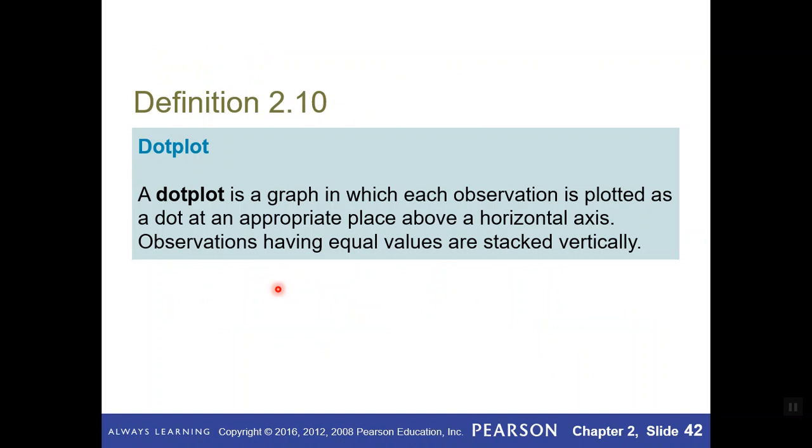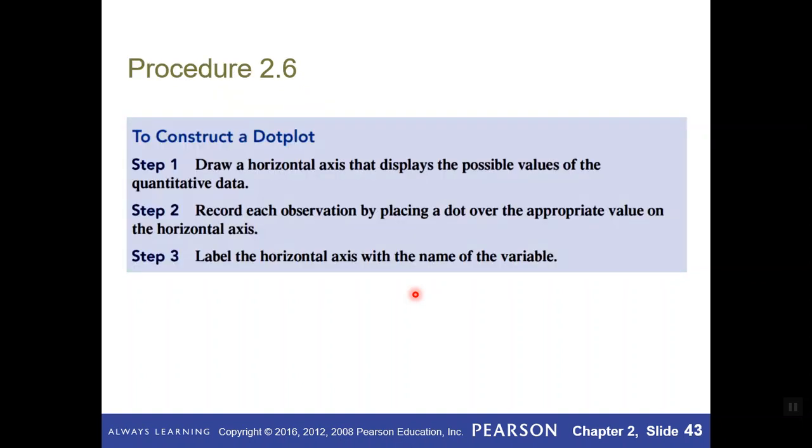Okay, dot plot. There is another plot we call a dot plot. It is a graph in which each observation is plotted as a dot at an appropriate place above a horizontal axis. If you have equal values, then they are stacked vertically.